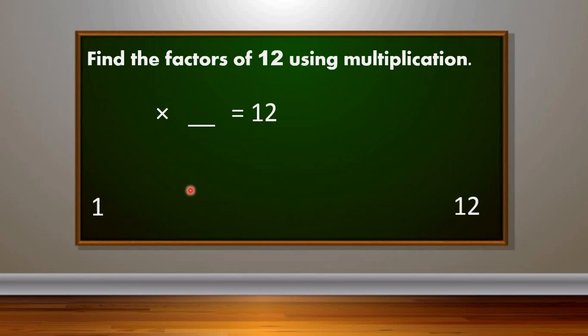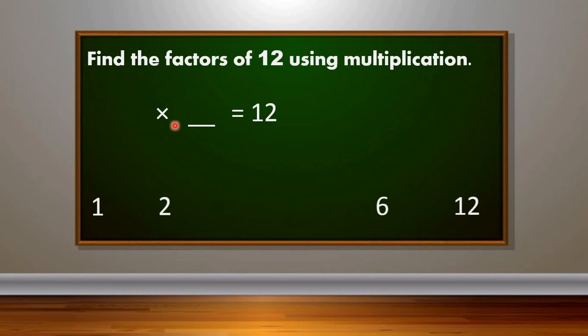So let's find out with 2. Can you multiply some number with 2 to get 12? Yes, we may multiply 2 by 6 to get 12. So you may say that number 6 and number 2 are the factors of 12. So let's put these numbers down.